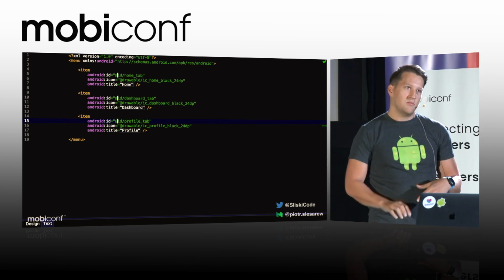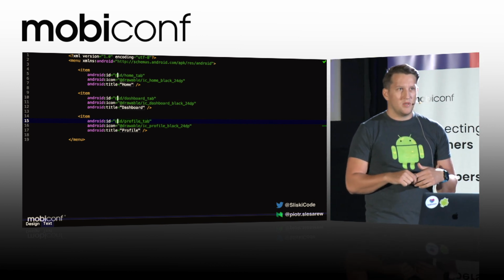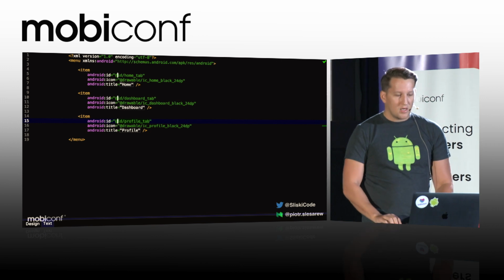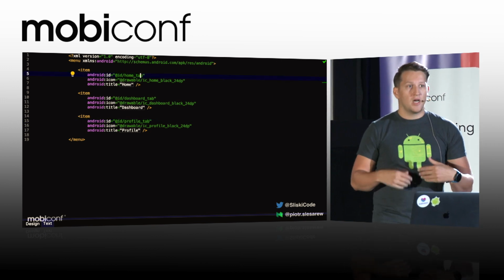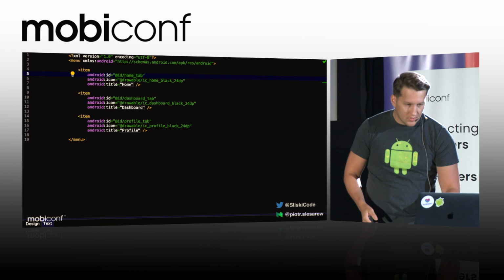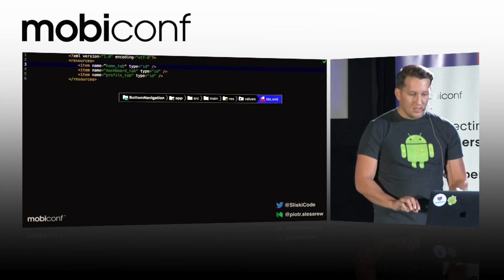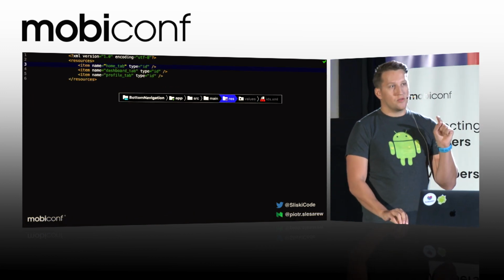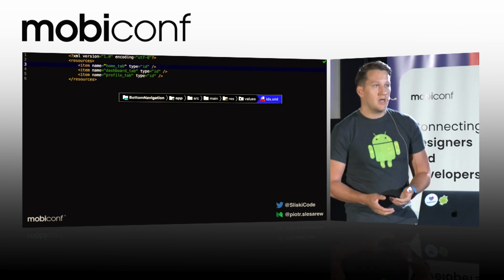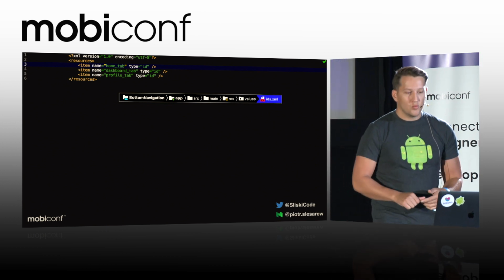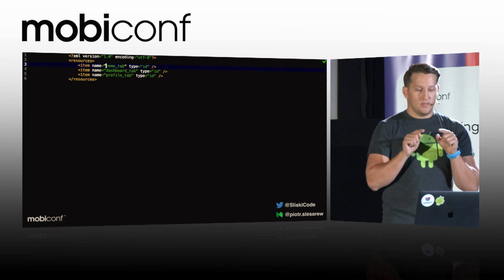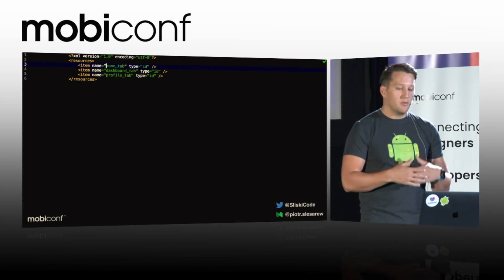But a funny fact, not a lot of people maybe are aware of this: we can specify our IDs up front. As you can see, we can create an ids XML in res values, and we can create our IDs here, specifying a name and type.